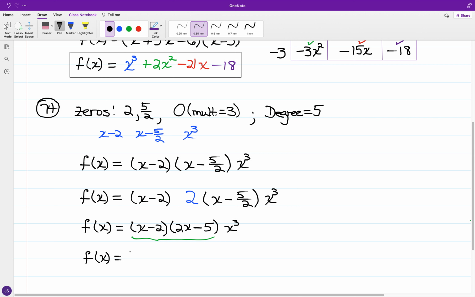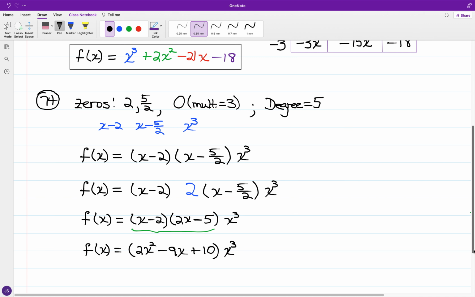Okay, so if I multiply, with the first product you have 2x squared, and you got negative 5x and then negative 4x, so we have minus 9x, and negative 2 times negative 5 will be a positive 10, and we have multiplied by x cubed.